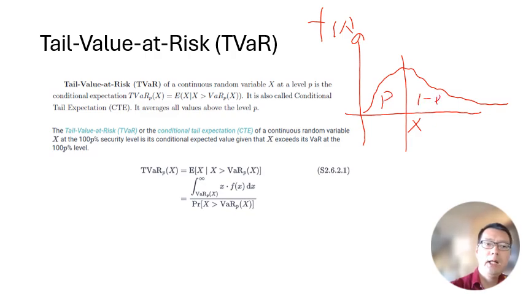Then VAR and TVAR, tail value at risk, basically is you integrate all this part and you give it an average or expectation, which is probably something like here. So it will be just the expectation of this part given this x is greater than VAR x, which is this part. So it's basically the average of all this part.